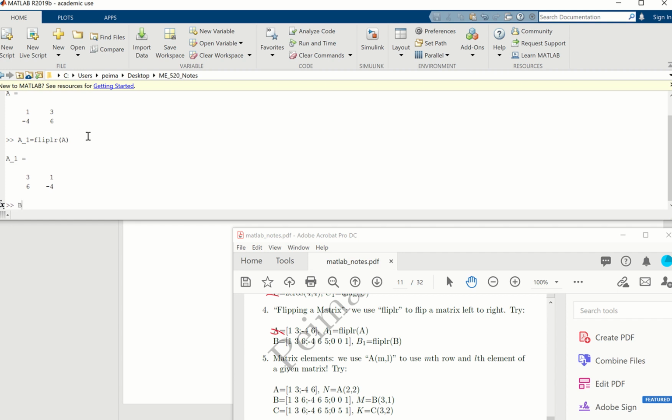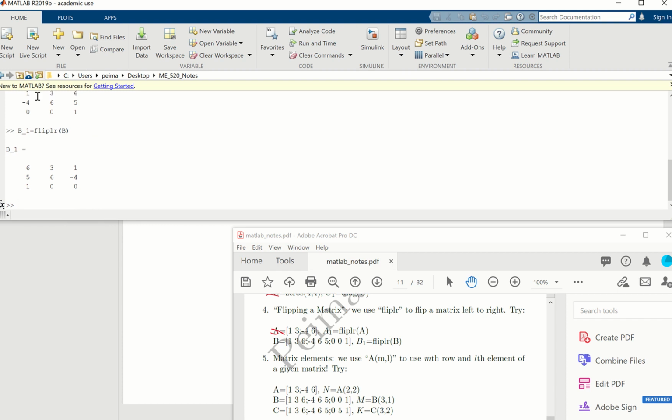Or if you have matrix B as 1, 3, 6, minus 4, 6, 5, and 0, 0, 1. This is your B matrix. I forgot the bracket. If I say B1 is fliplr of B, what you're going to see is this.